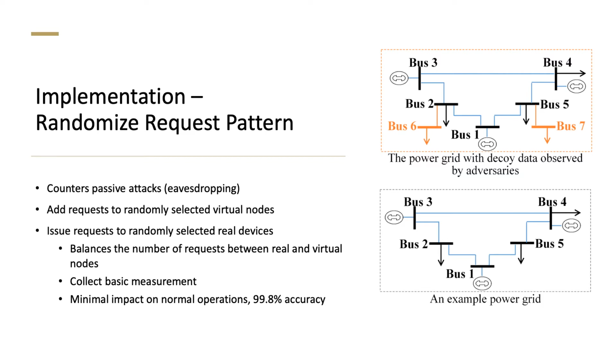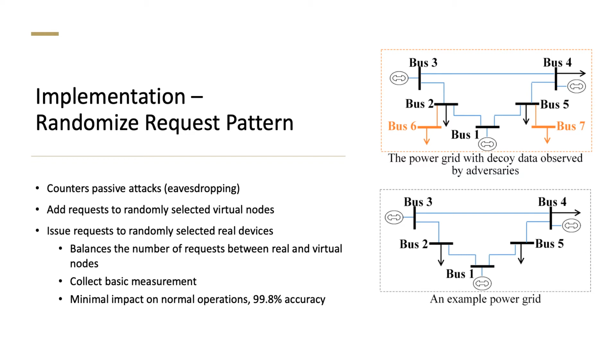What they do is they will issue requests to randomly selected real devices and also virtual nodes. Doing this is to sort of balance out the number of requests sent to both the virtual and the real devices. For example, if the attacker sees that there's tons of traffic going to a fake node, he will know that this node is fake because there's just so much traffic going into it.